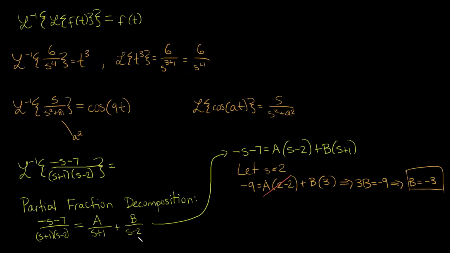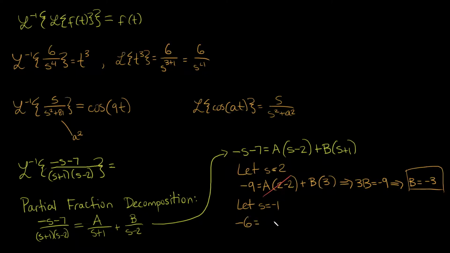We got it. We know that this is now going to be plus 3 over s minus 2. Making good progress. Now, let's plug in the second s that just makes sense to plug in, which is negative 1, so that this part goes to 0. Let's let s equal negative 1. In general, you could use other values of s, but these just make it so much simpler. Why not use them? Negative 1 is plus 1, minus 7 is negative 6. That's the left-hand side.